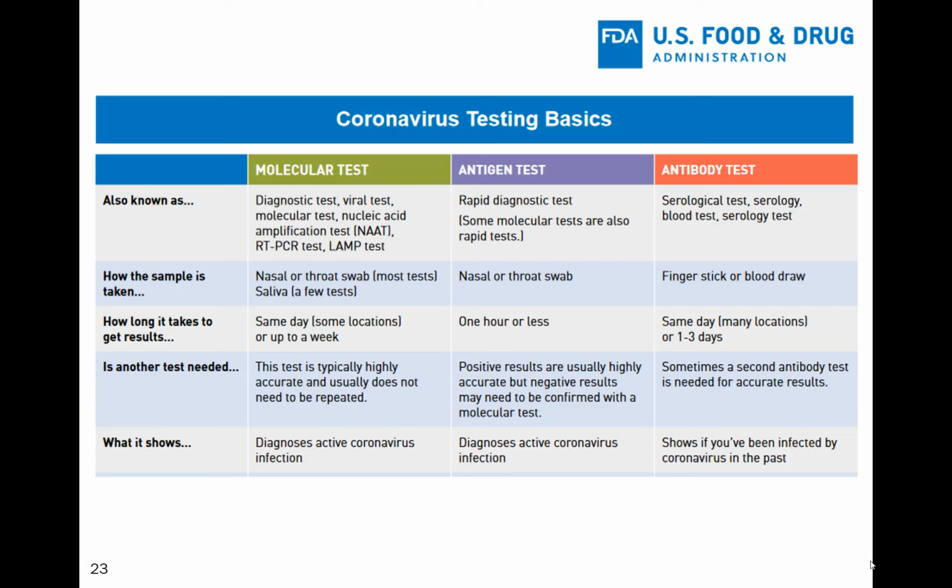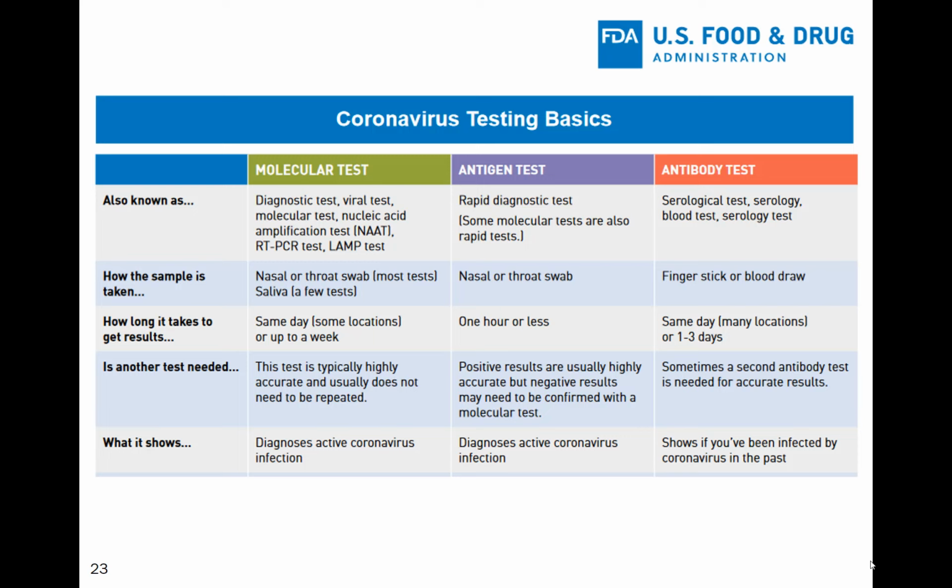Both tests diagnose active coronavirus infection. However, as we've said before, the fact that you have the antigen or you have RNA does not mean that the virus is alive. All it means is that you've been exposed and you've had an infection with the virus. It doesn't mean you have active viral replication. But usually these tests are to diagnose whether you've had COVID.